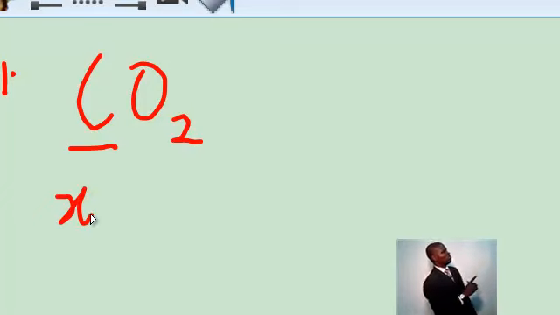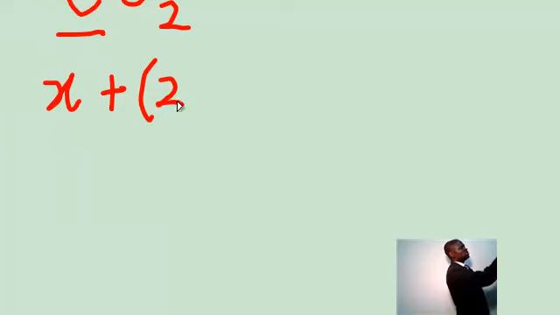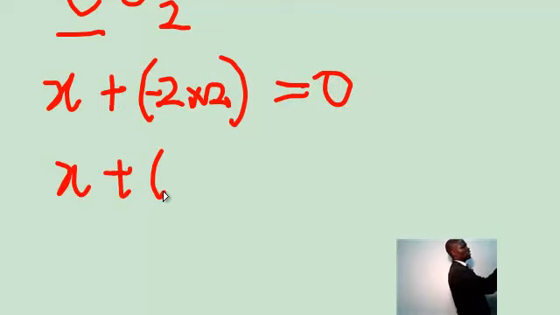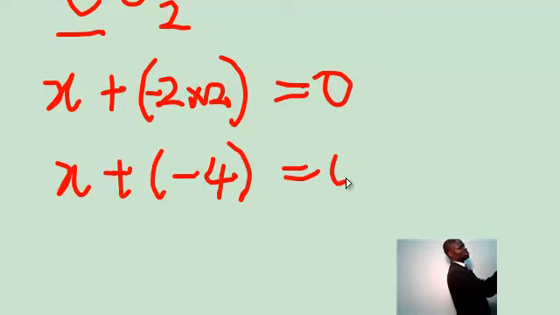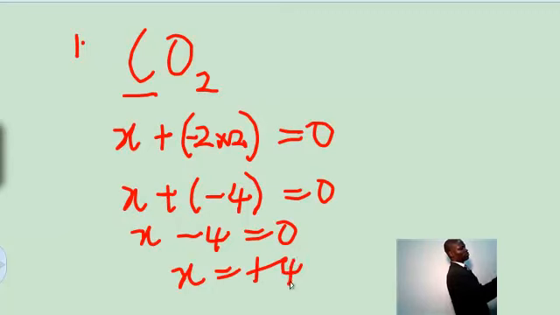In the previous table, I said oxidation number of oxygen is -2. -2 times 2 atoms of oxygen. Then you equate it to 0 based on rule number 1. This becomes x plus -4 equals 0. x minus 4 equals 0, and x becomes +4.